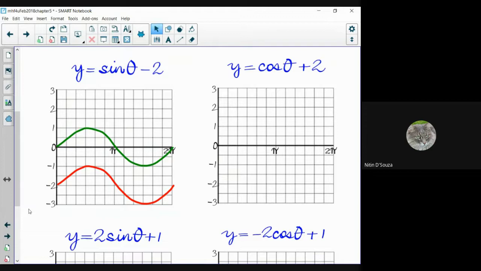So 0 minus 2 is minus 2. 1 minus 2 is minus 1. 0 minus 2 is minus 2. Minus 1 minus 2 is minus 3. 0 minus 2 is minus 2. So the C is just a translation. It doesn't change the shape. A changes the shape. C just changes the vertical location.